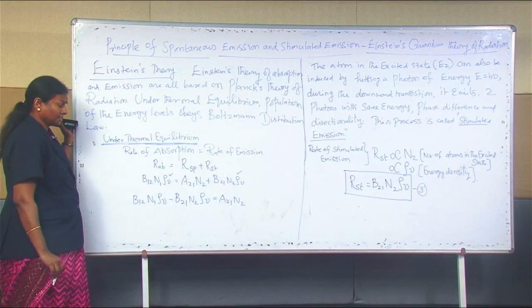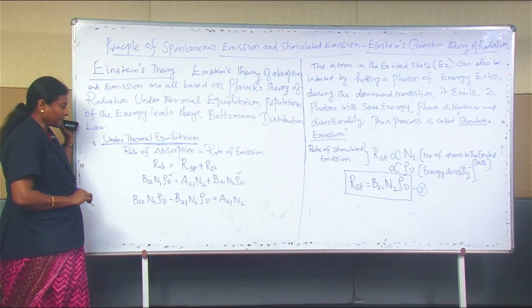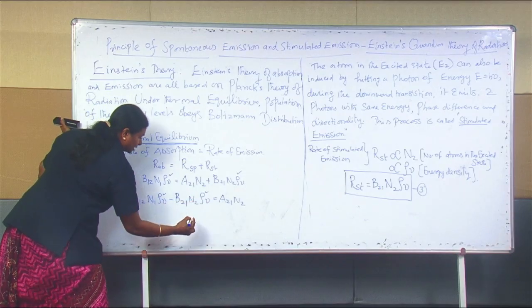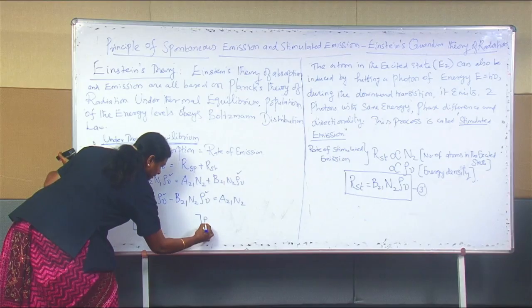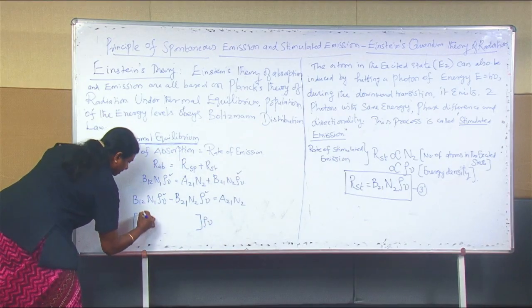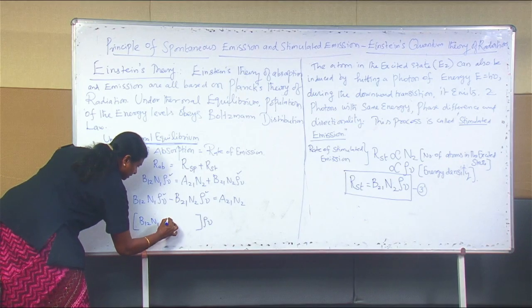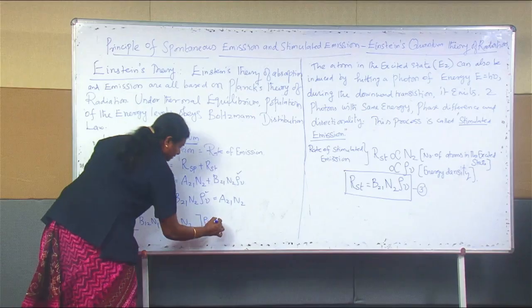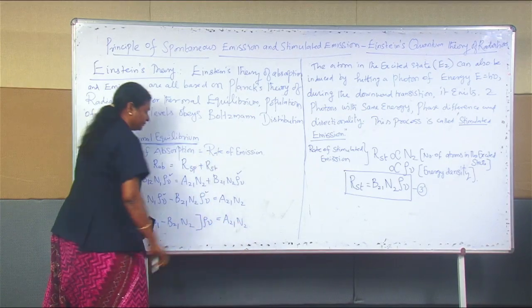We have just finalized up to some extent. This is the common term, so I am taking it outside the bracket and writing the remaining terms inside the bracket: B12 N1 minus B21 into N2, which is equal to A21 into N2.